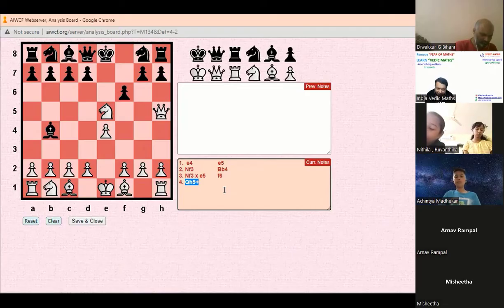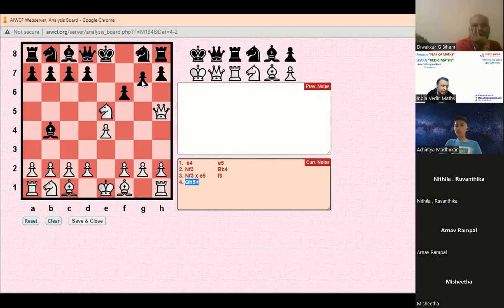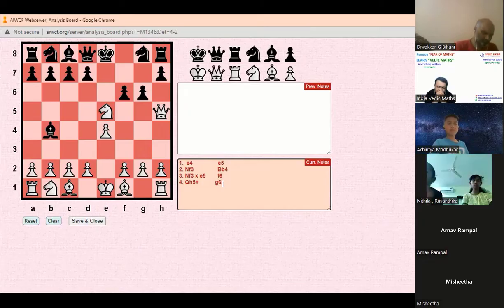Now suppose, they are not good moves here, but say somebody puts like this. What will I write here now? It's simply G6, right or not? Now, next move again of white.